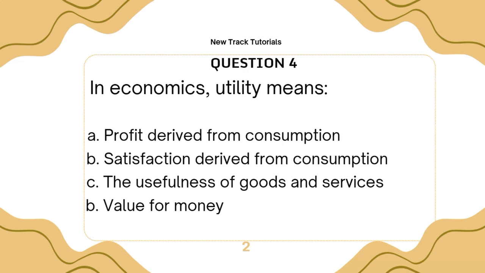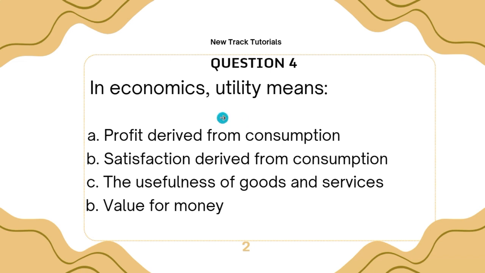Now, what is utility? Utility is the satisfaction derived from the consumption of a given product or service. Remember, utility is a measure of how much satisfaction someone gets from a product or service.